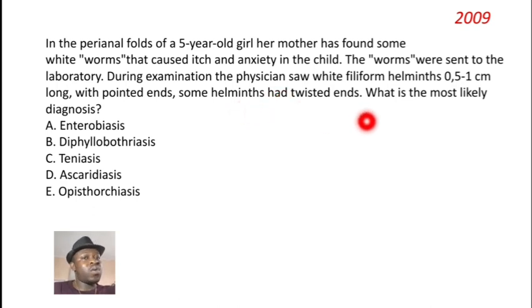And the eggs are achromic. That's the other thing they can tell you, right? So this girl has enterobiasis, right? The name of the parasite is Enterobius vermicularis, right?